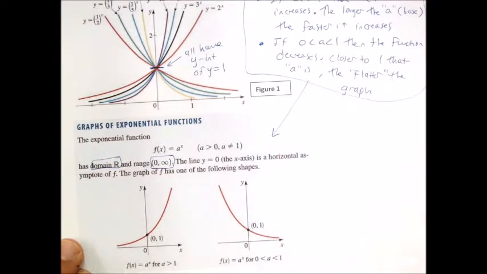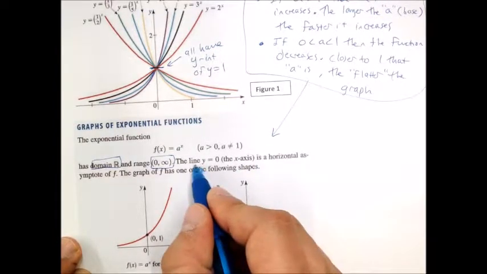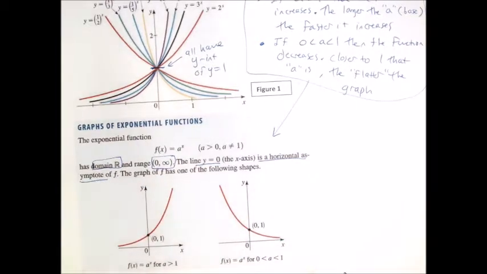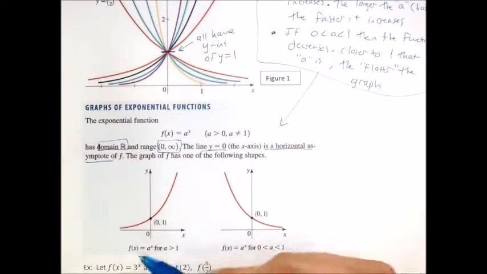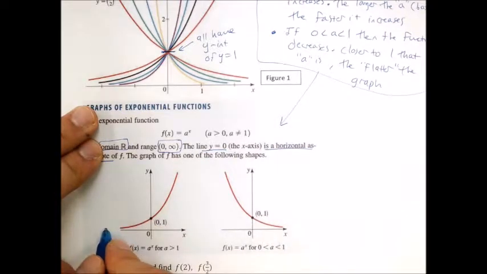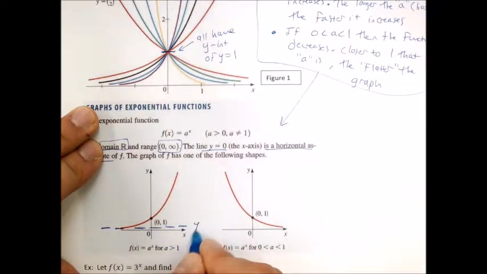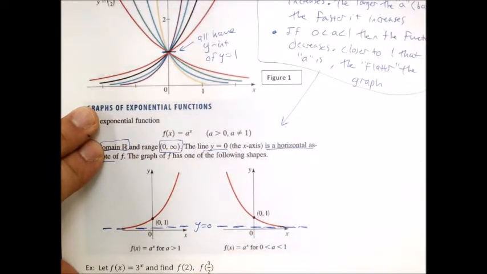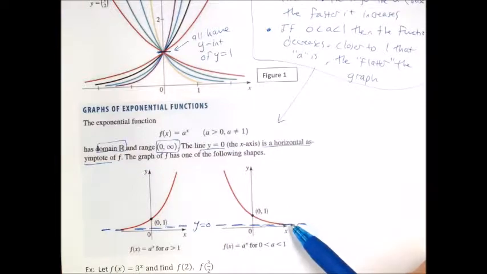Another important thing is that the line y equals 0 is a horizontal asymptote, right? That's why we talked about horizontal asymptotes right before this. It's not being shown here, so I'm going to draw it in. But there's a horizontal asymptote of y equals 0 down here. See how the function's getting really close to that line, but it's never going to touch it?